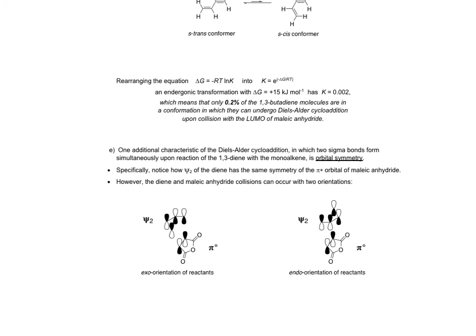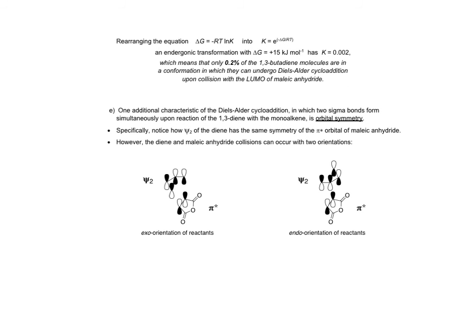Scrolling down the page to part E, I will briefly mention orbital symmetry. So notice how the termini of the reactive orbitals have the same symmetry, so that symmetry matches at the positions where carbon-carbon bonds form.